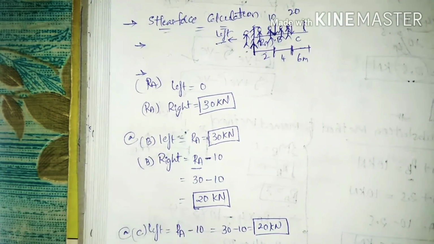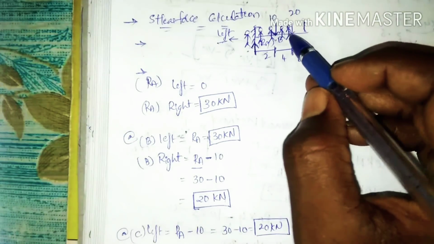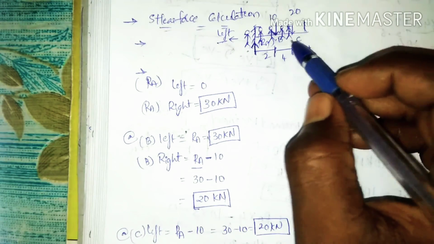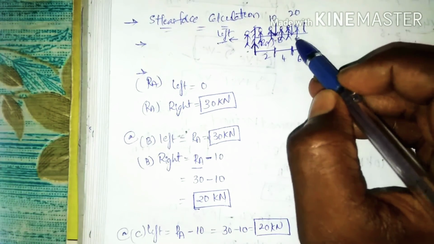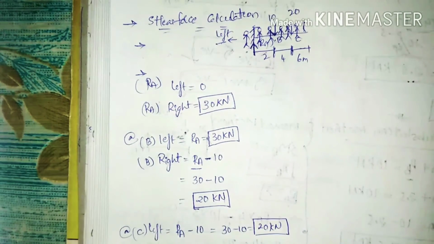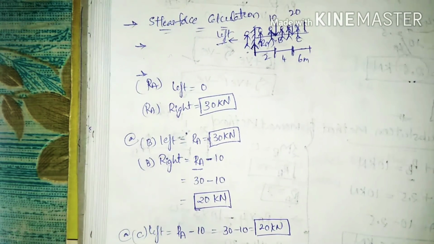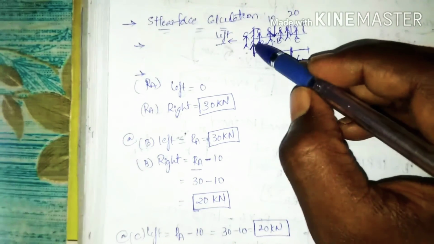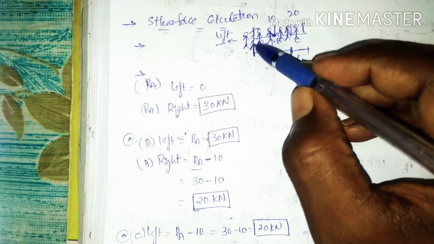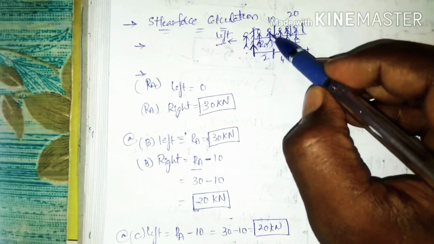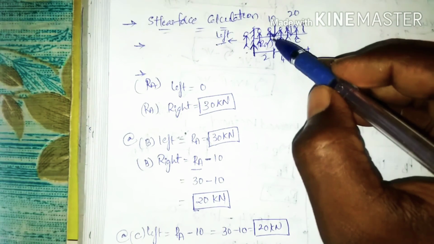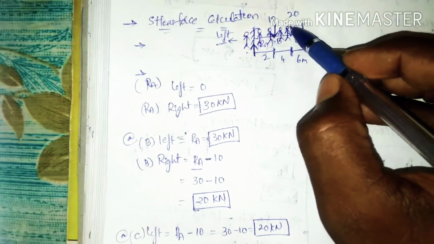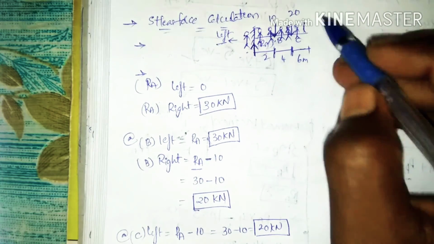Now just right of C, I find the RA reaction in the upward direction, and the 10 kilonewton and 20 kilonewton loads acting.